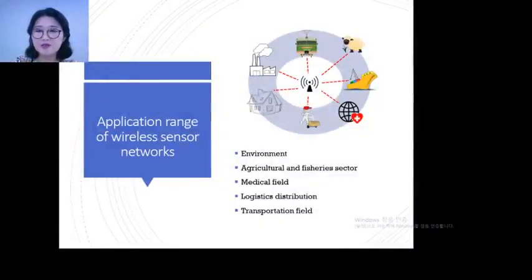Medical fields are an important field: hospital patient management, remote medical support using home network. Logistics distribution: inventory management. Transportation field: toll collection and telematics, and many other fields using the wireless sensor network.